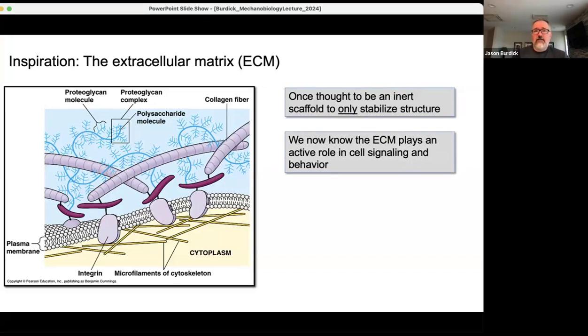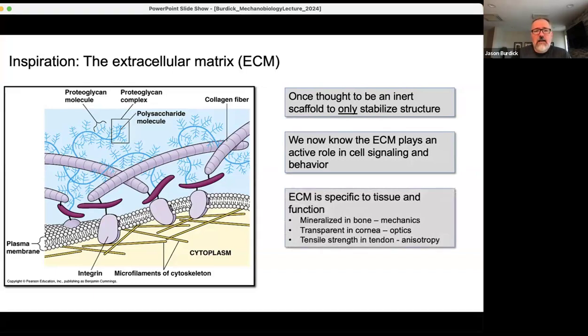Usually if a cell is not interacting through interactions like integrins, they're not going to receive those signals. But if they can, it's a very powerful kind of signal to cells in their environment. ECMs are very different across the body, so we wouldn't say there's one molecule that's important for all cells in their signaling, because cells of different types and with different questions might have different types of ECM, different levels of ECM.